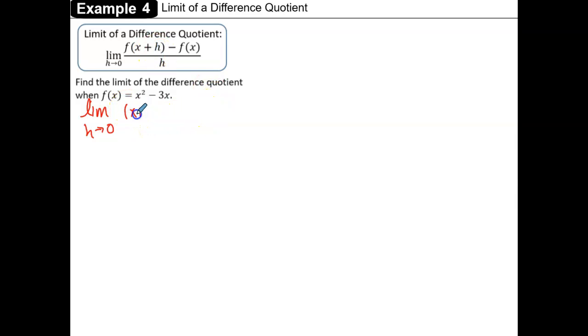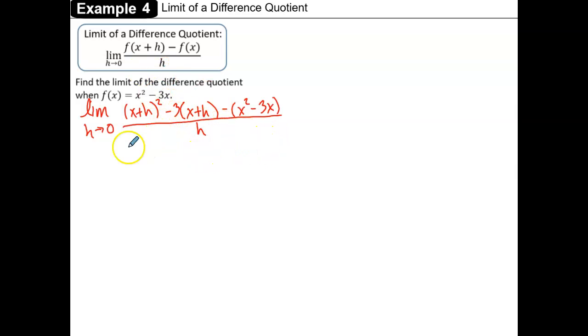So that'll be x plus h quantity squared minus 3, and then instead of x we put the quantity x plus h. Then the difference quotient formula tells us to subtract the original function, which is x squared minus 3x. And the denominator of the difference quotient is just h.